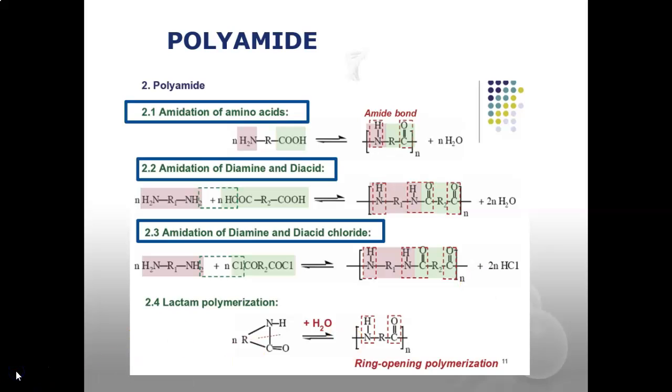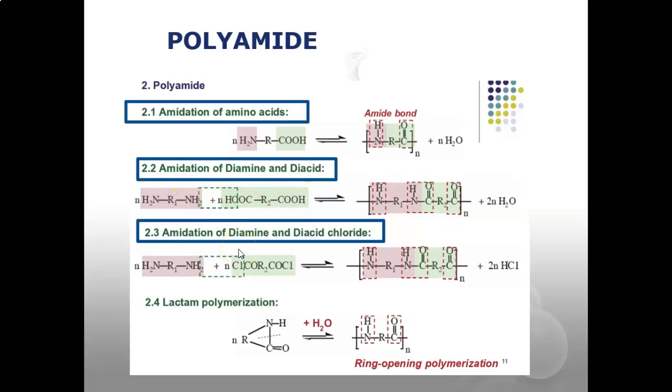The amidation of amino acid produces the amide bond with amine structure and the carboxylic acid structure and water as a yield. Amidation of triamine and diacid involves the use of the two functionalities of amine NH2 and two functionalities of acid, call it a diacid.